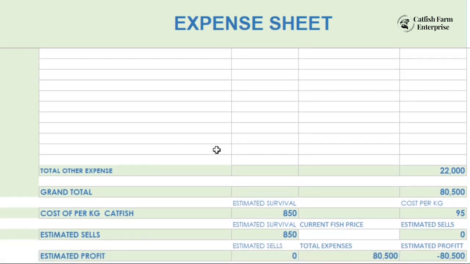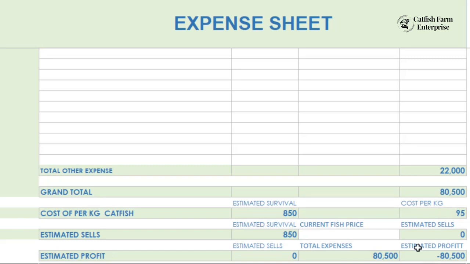That means you spent 22,000 for other expenses. Now combining the feed and the other expenses gives you 80,500. Since we stocked 1,000 fishes, your estimated survival is 850 plus or minus 15%. Then you see you spend 95 naira to raise a kg of the fish.